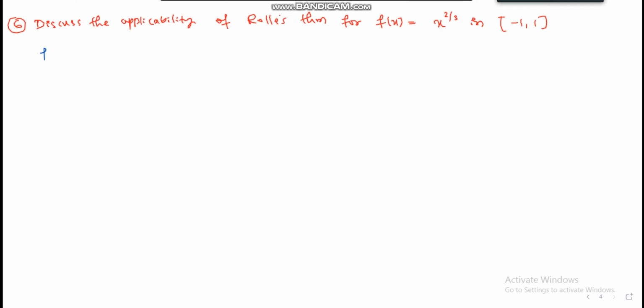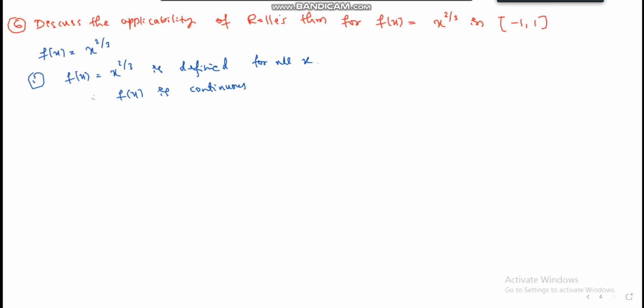First condition: f of x equals x to the 2 by 3 is defined for all x, therefore f of x is continuous in the closed interval minus 1 to 1. So the first condition is satisfied because f of x is continuous.